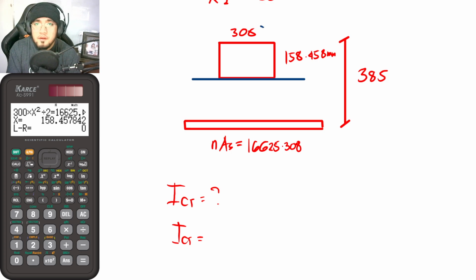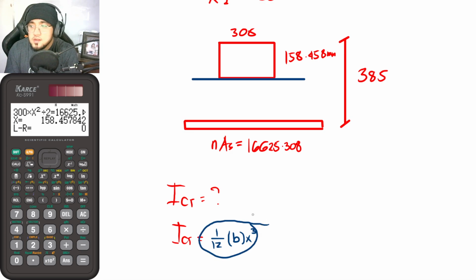If this is 158.458, you would be solving for the moment of inertia there by 1/12 times BH cubed, which here is B times x cubed. Take note that if you make use of this formula, you are actually solving for the moment of inertia about its centroid.